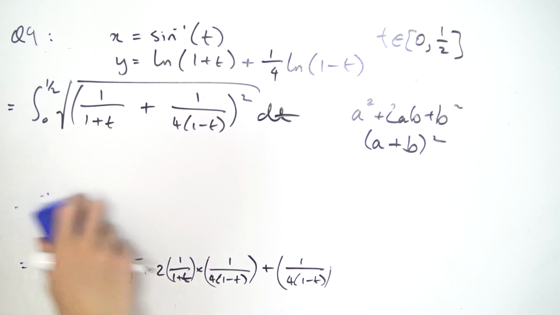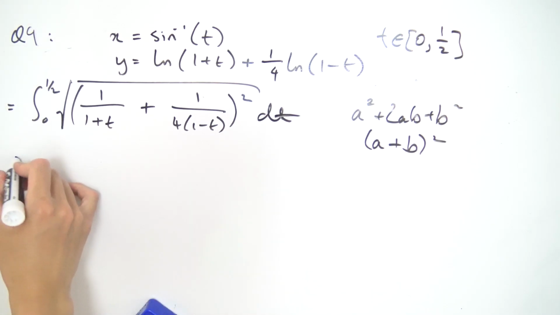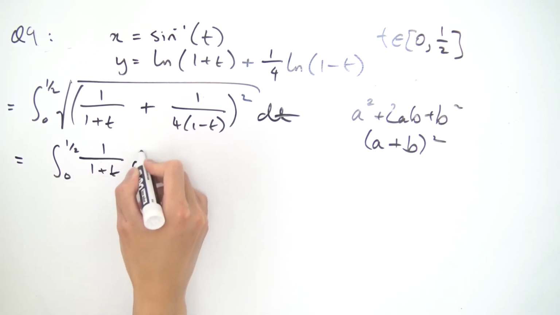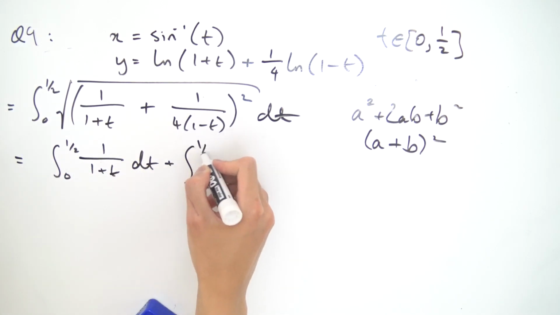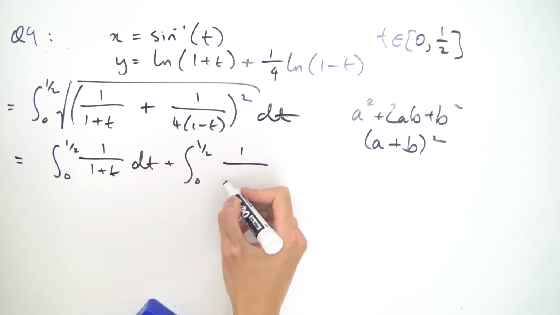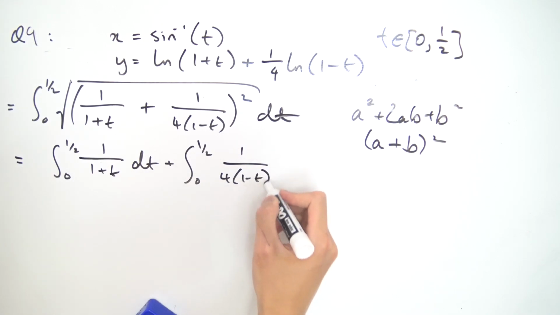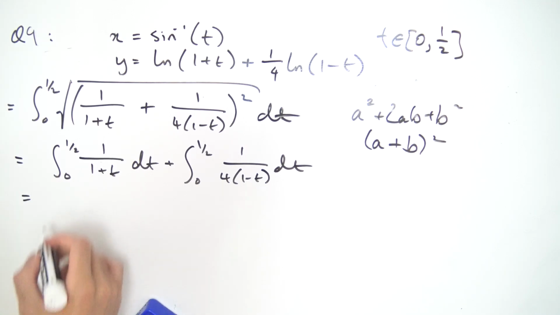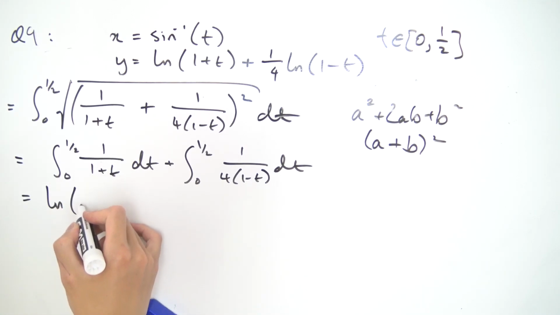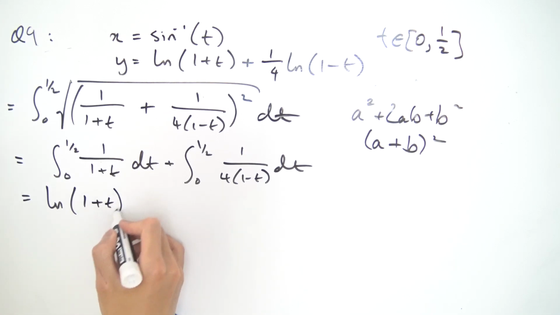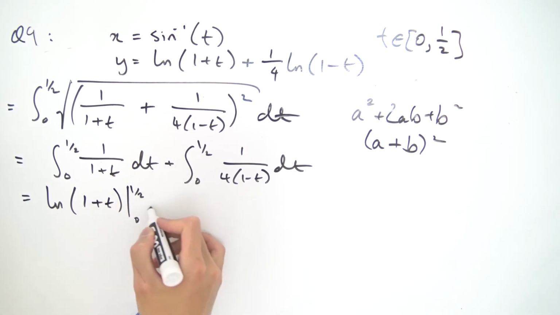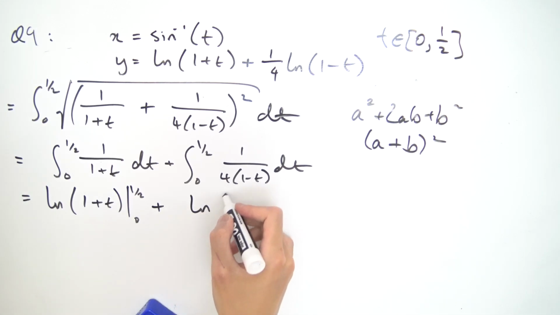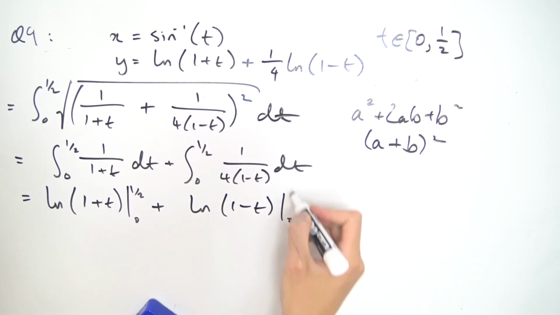And the square and the square root obviously will cancel each other out, leaving us with the integral from 0 to 1/2 of 1 over 1 plus t dt, plus the integral from 0 to 1/2 of 1 over 4, 1 minus t dt. And now let's evaluate these integrals. So this is going to give us natural log of 1 plus t, evaluated from 0 to 1/2, plus the natural log of 1 minus t, evaluated from 0 to 1/2.